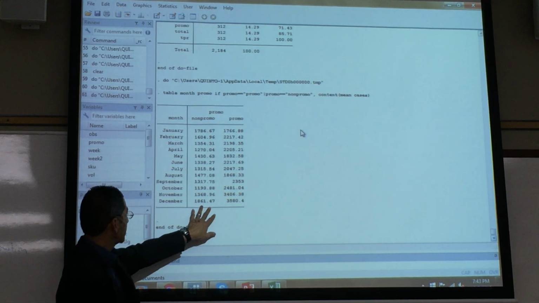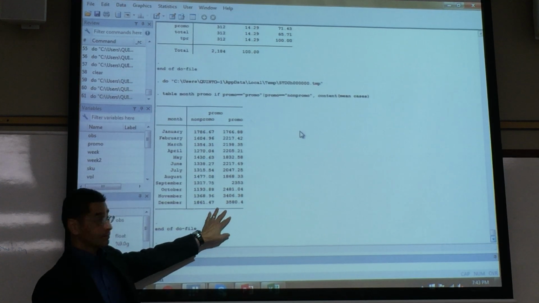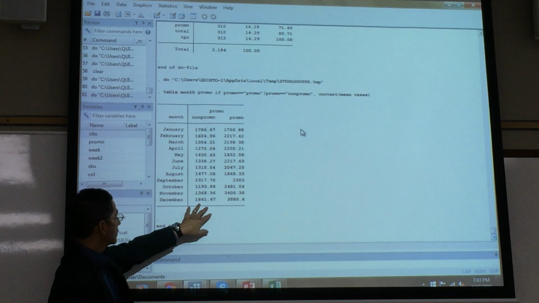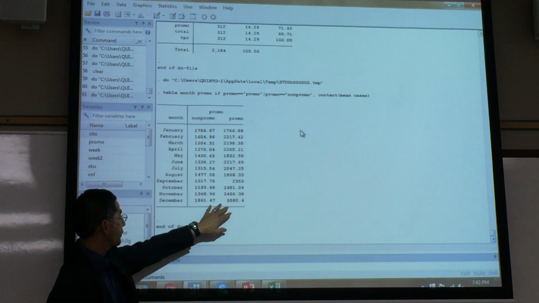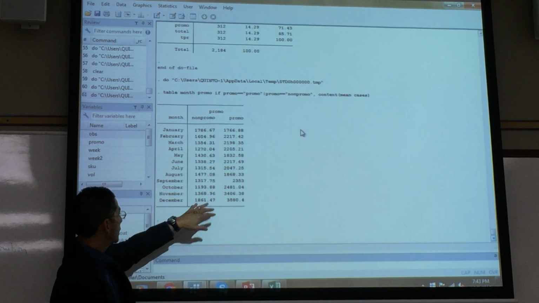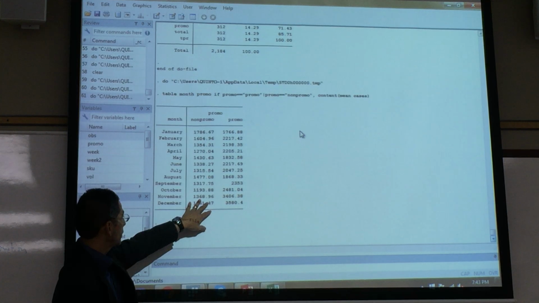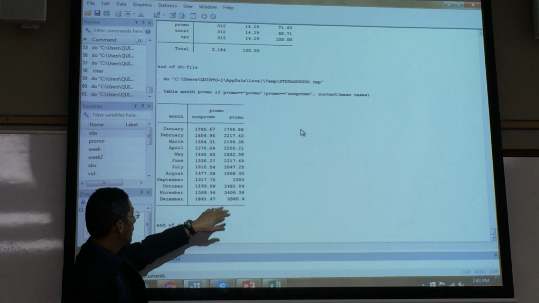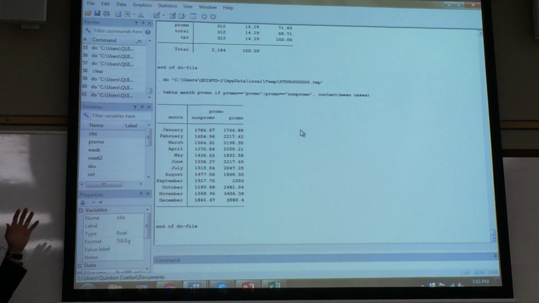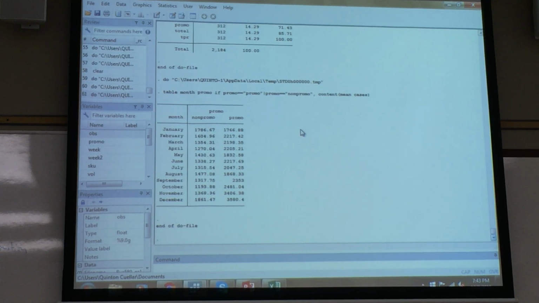We go December, it's pretty good size. 1,800 cases per week versus 3,500 cases. November, again, pretty good size. And we see clearly a difference in promoted and non-promoted volume throughout the year. Except for January. January's strange.